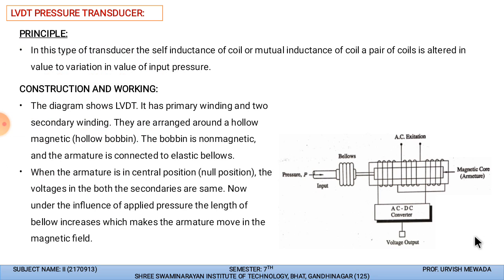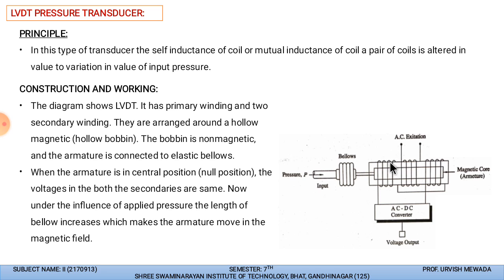So over here you can see that this is a setup of LVDT, which is connected with AC excitation, and this is the AC to DC converter, and this is the output voltage. And the movable core, we have already discussed the LVDT, in which we discussed the construction, that LVDT has one primary winding and two secondary windings.